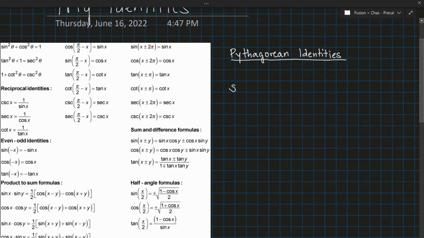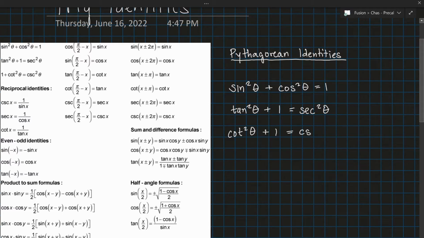So they are sine squared theta plus cosine squared theta equals 1. Tangent squared theta plus 1 equals secant squared theta. And cotangent squared theta plus 1 equals cosecant squared theta.